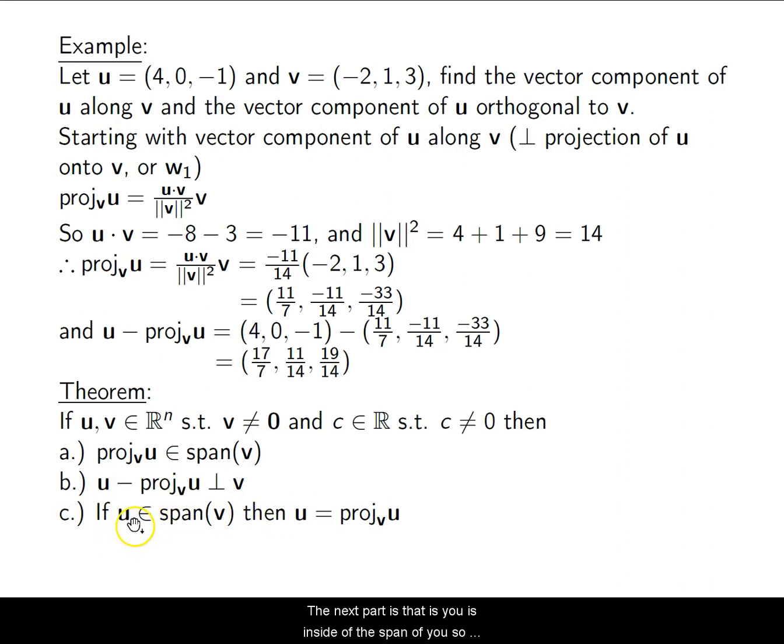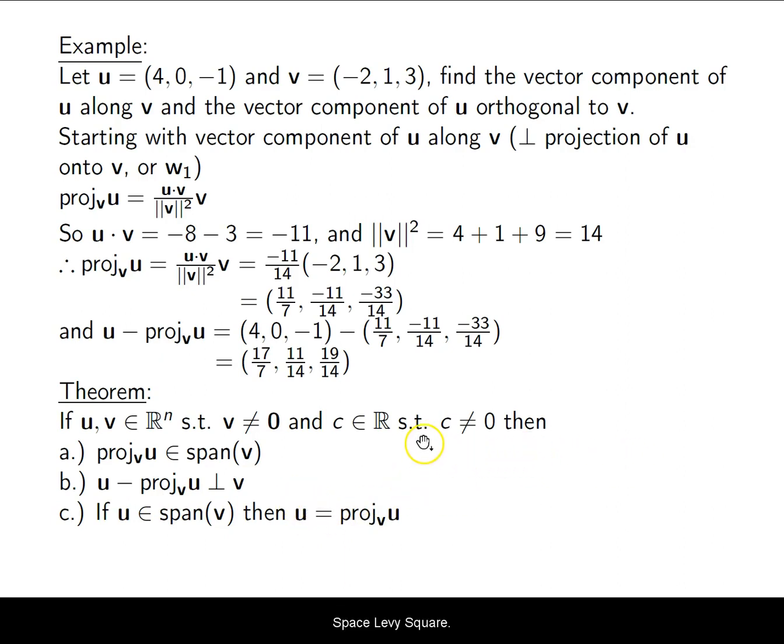The next part is that if U is inside of the span of V, so basically U and V, if they are parallel with each other, if they're scalar multiples of each other, then U is going to be equal to the projection of U onto V, right? So basically if U and V already run alongside each other in the same direction, me shining a perpendicular light down, that shadow is just going to be U itself because U is not offset. It's not creating an angle with V. Basically the dot product between U and V is 0, right? Or I'm sorry, it's not 0 because they're the same thing.